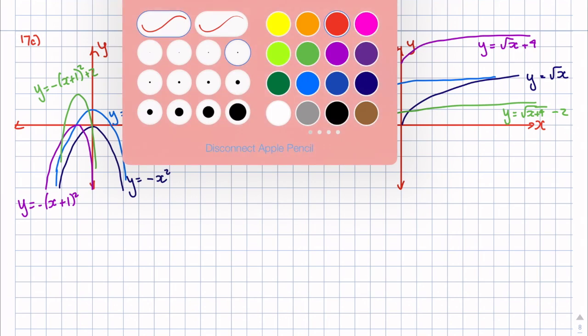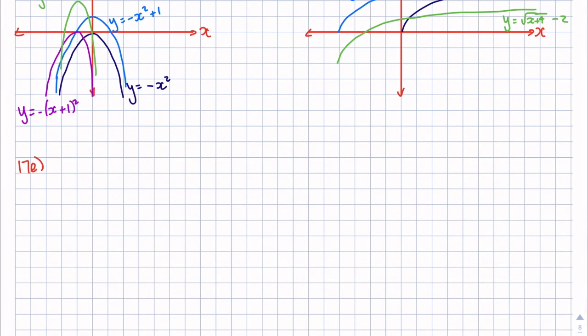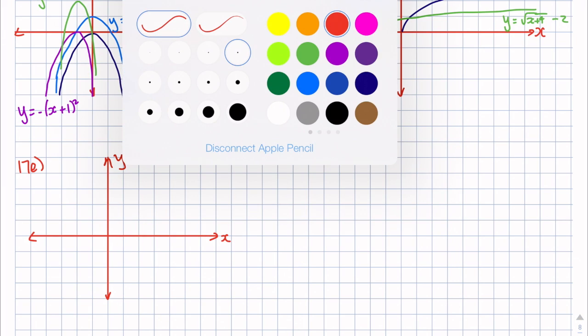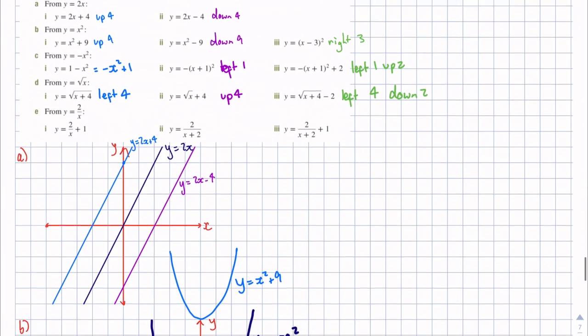Okay, and that's 17d. Let's have a look at 17e, and that is y equals 2 on x. So just give myself a fairly normal looking axis. X and y. 2 on x is going to have the same intercepts, it's just a bit further from the graph than we're used to. Let's have a look at the transformations.